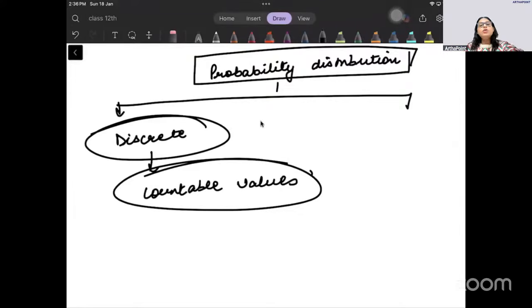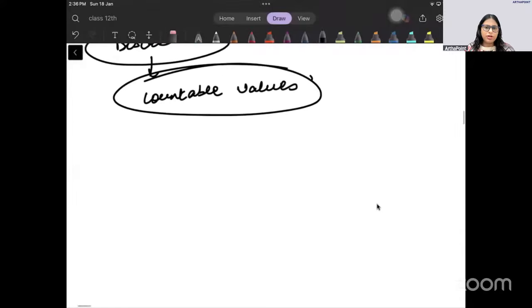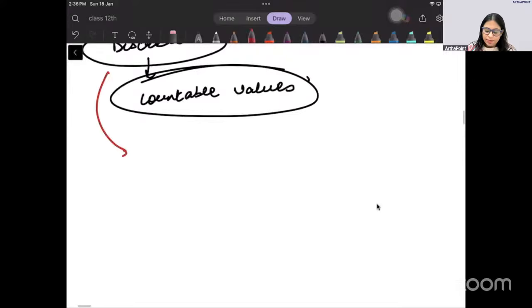Okay, values that are finite, which can be counted, number of defectives, number of heads in the coin, number of customers arriving in my shop, which can be counted, will be called a discrete random variable. Whenever we have a discrete random variable, we will have something called PMF, probability mass function.